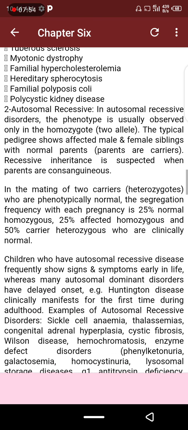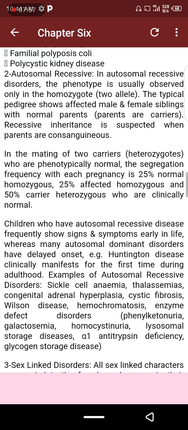Now I am coming to discuss with you autosomal recessive disorders. In autosomal recessive disorder, the phenotype is usually observed only in the homozygote for the two alleles. The typical pedigree shows affected male and female siblings with normal parents. Parents are carriers.